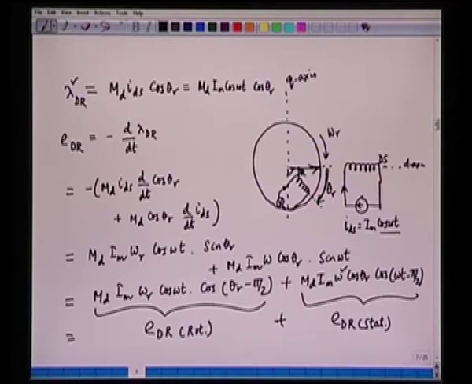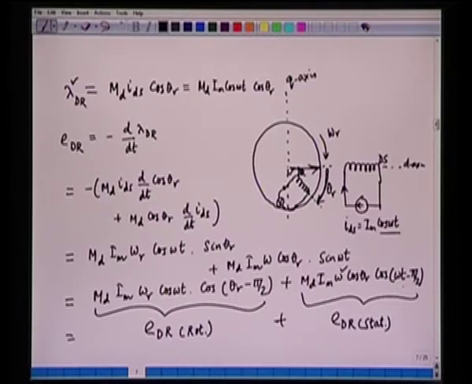You have maximum statically induced EMF, the coupling will be maximum, the induced EMF will be maximum. And if theta r is pi by 2, when this winding is along the q axis, the statically induced EMF will be 0. So the statically induced EMF will be in the same space phase, but pi by 2 lagging in the time phase. You can see here also we have an expression of time, it is cos of omega t minus pi by 2.